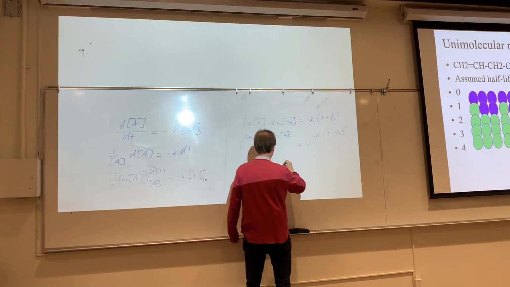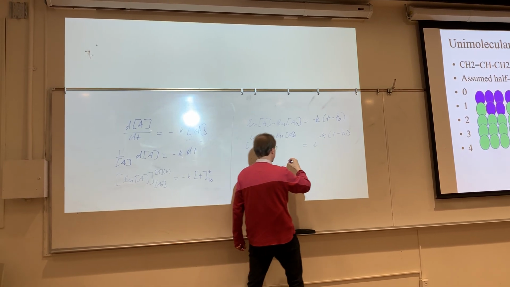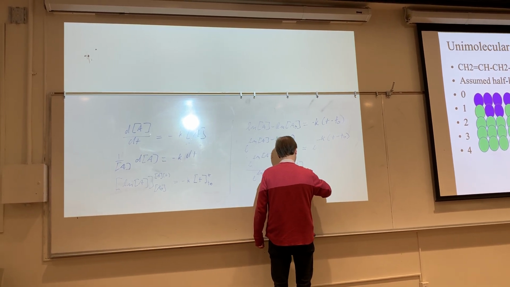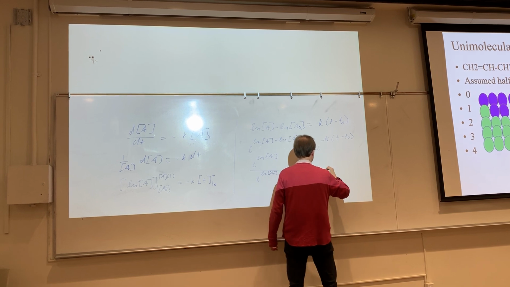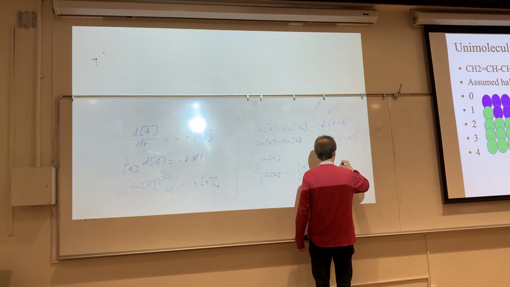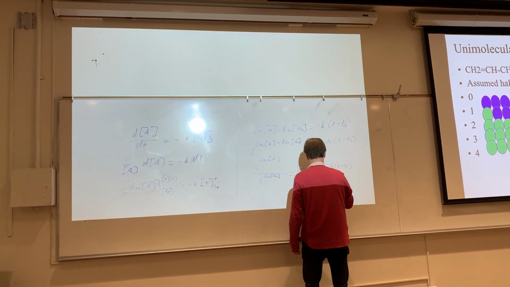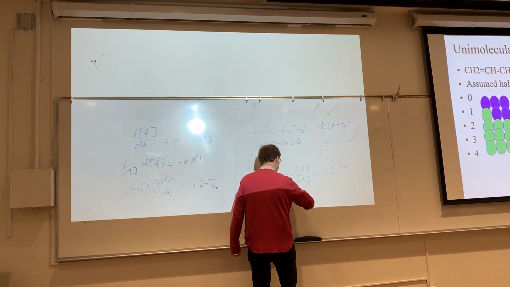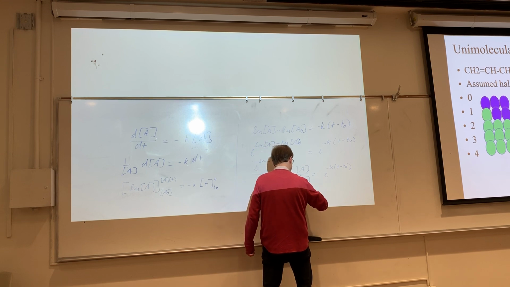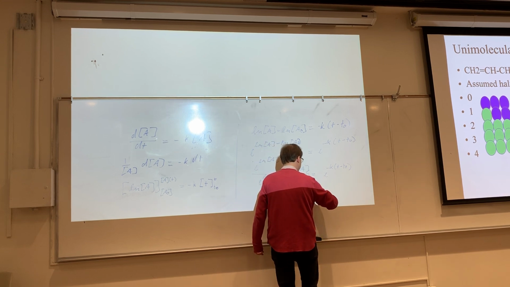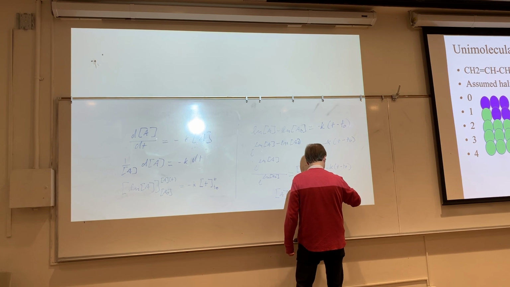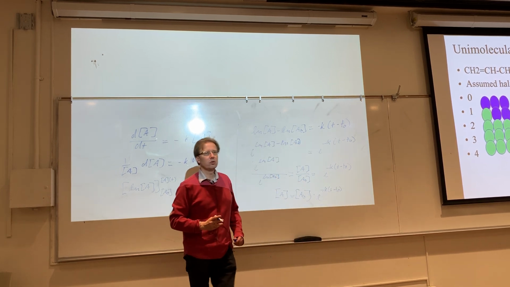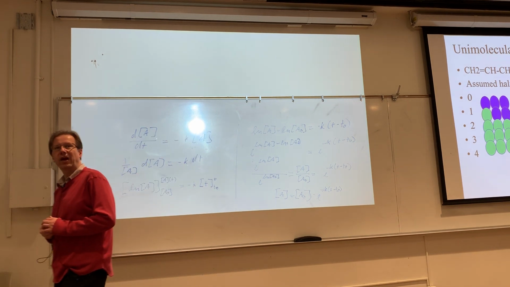And e to the power of ln of something is just the concentration, so concentration of A divided by concentration of A initial is e to the power of minus k (t minus t0), and that gives us as a final result that the concentration of A is the concentration of A initially times e to the power of minus k (t minus t0).